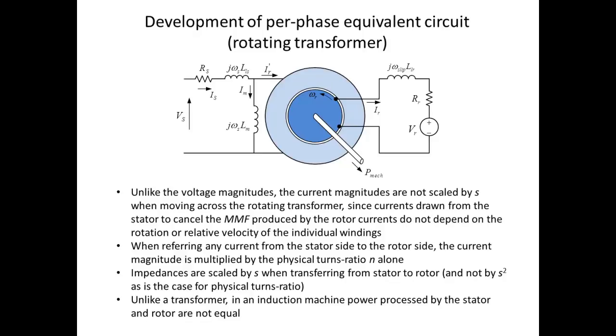Whereas in the case of induction machines, these two can be very different. So the key thing to remember is that when going from the stator to the rotor side, the voltages scale by n times s, whereas in going from the rotor to the stator, it scales only by n and not by ns. So s does not appear in that transformation.